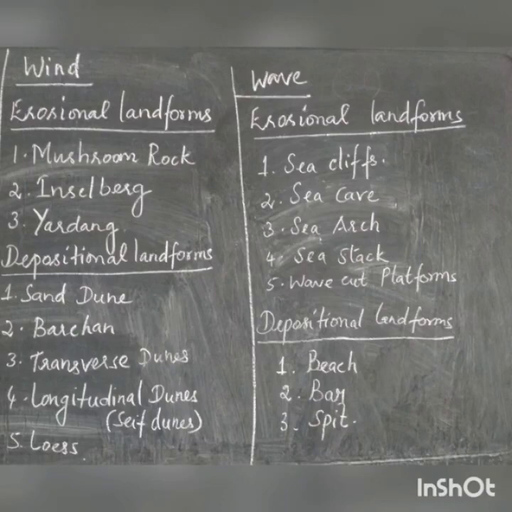These types of rocks are found in Rajasthan, especially Jodhpur in Rajasthan. Next, Inselberg. Inselberg is a German term which means island mountain. So, certain hard rocks like igneous rocks are more resistant to wind action.